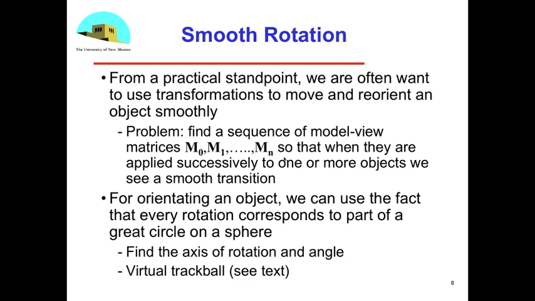So you're applying a sequence of matrices, and obviously you want to do that efficiently, but to get it smooth, I'll do a small X rotation, small angle change, a small change in Y, a small change in Z, and then I'll do the same thing over and over again. So I do lots of rotations.